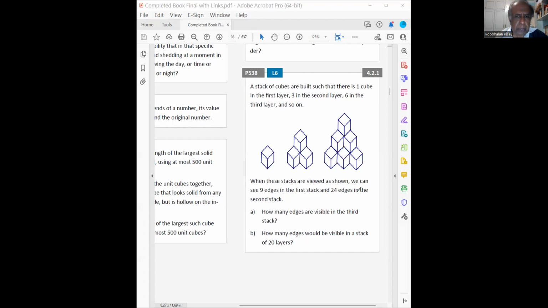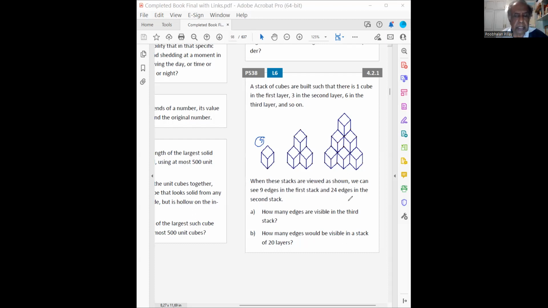So when these stacks are viewed as shown, we see 9 edges in the first stack. Let's just check that. You got 4 at the top. You got 3 vertical, that's 4 plus 3 is 7. And then you got this V-shape here, which is 9. So you do have 9 edges that you see in the first stack.